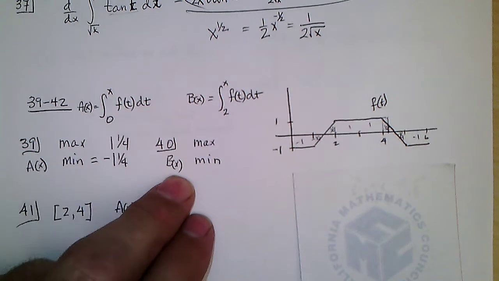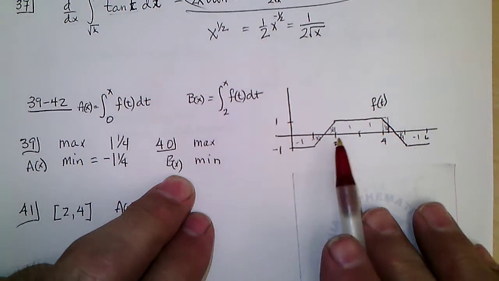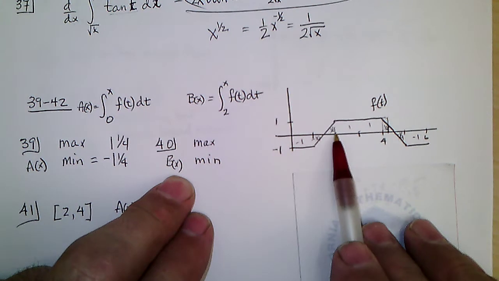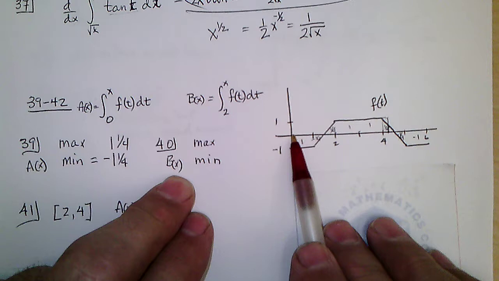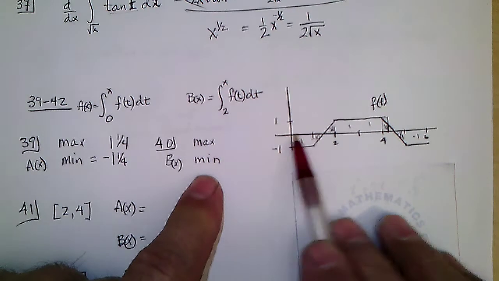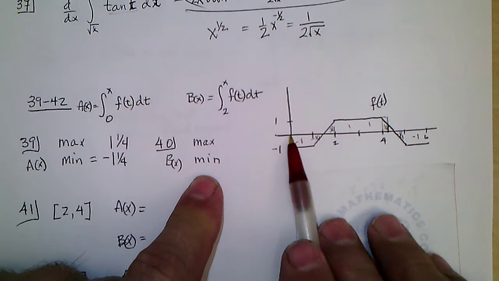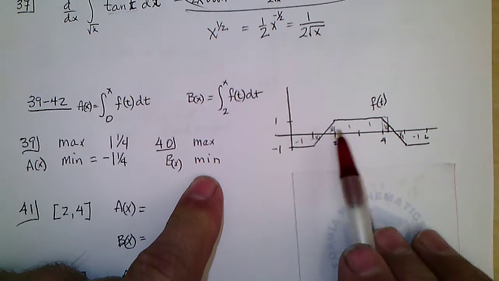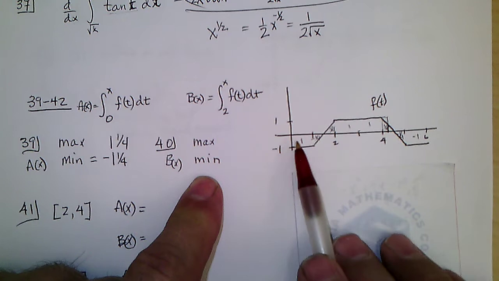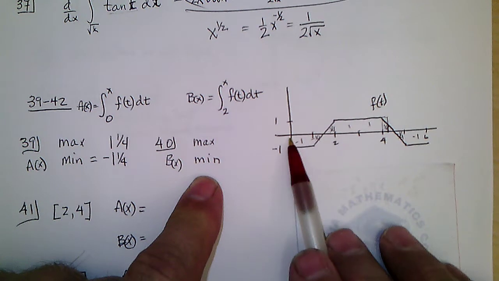Now, if we're doing b of x, and b of x starts at 2, then if we go 2 to 0, that's doing the limits backwards, so that changes the signs of the area. So if we go clear back to here, 2 to there, this would be a -1/4 plus 1/4, which is 0 plus 1, because we're doing the limits backwards.